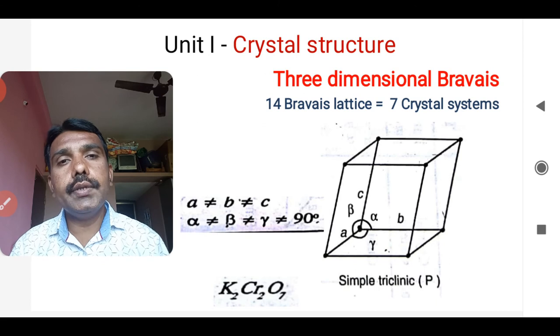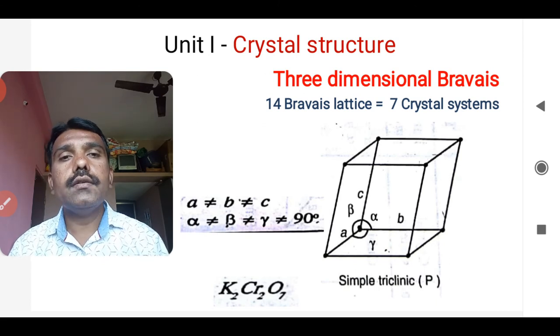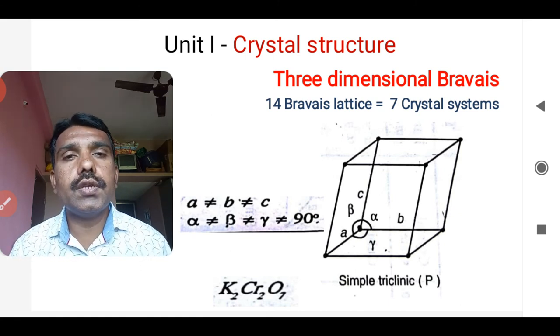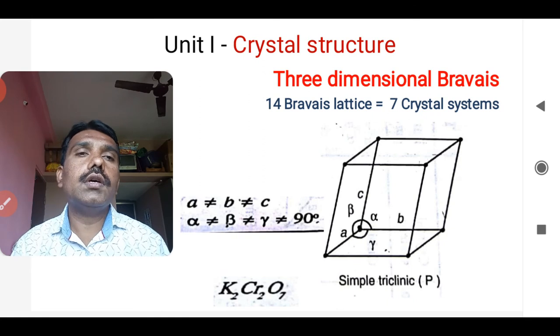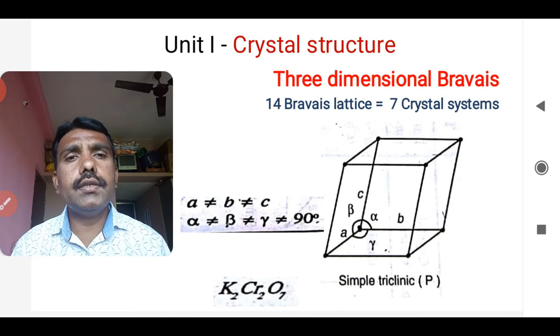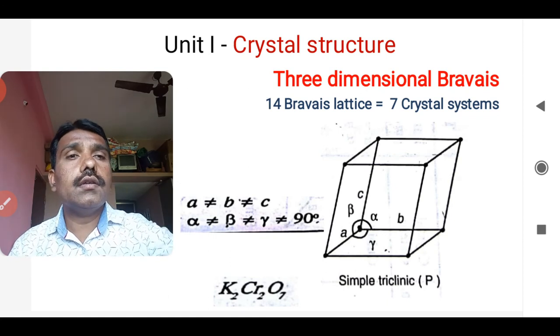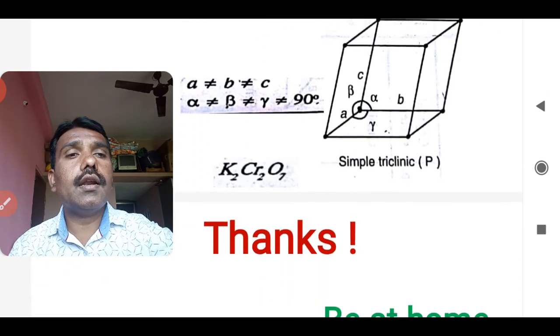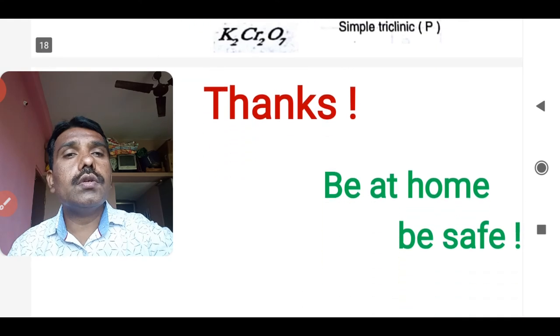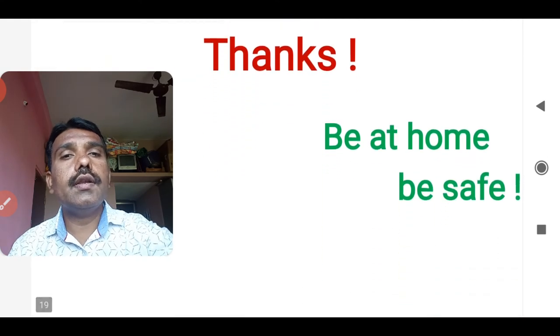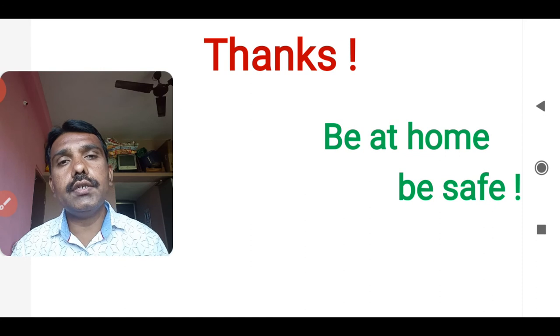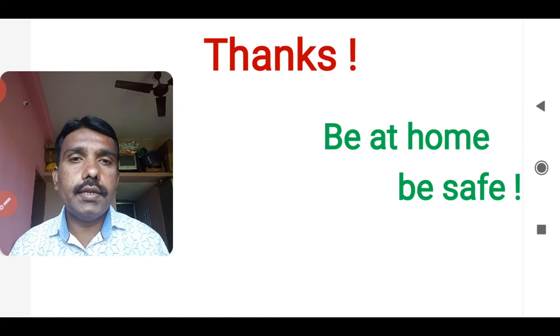In the three-dimensional case, the possible number of Bravais lattices is 14, and there are 7 crystal systems. This is all about the three-dimensional Bravais lattices, and from my side they are now completed. Yesterday we saw the two-dimensional ones, and today we have completed the three-dimensional Bravais lattices, which are the types of lattices.